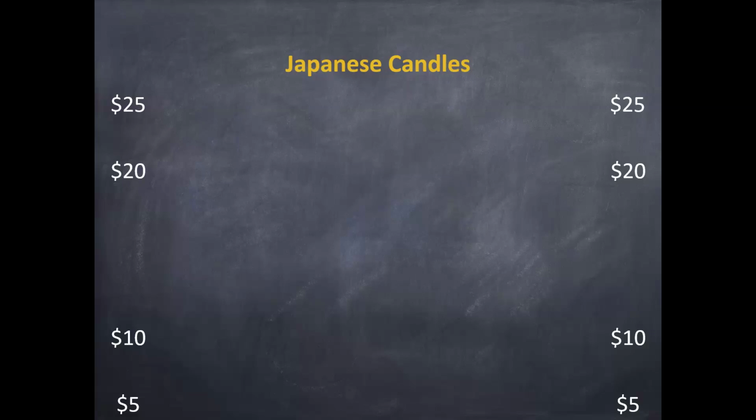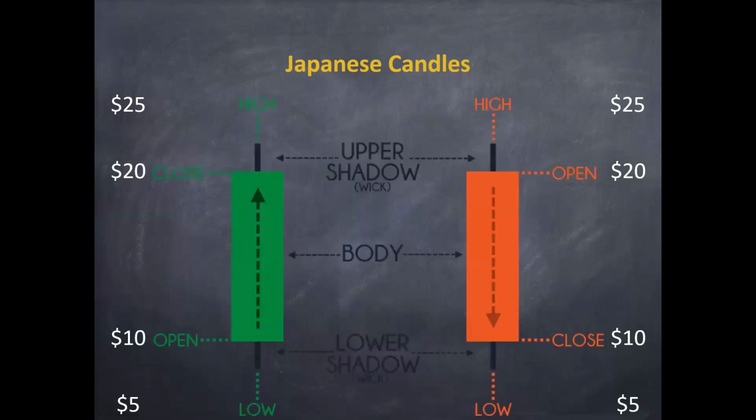I'm going to have you draw a rectangle on the left-hand side where the bottom of the rectangle is directly in line with the $10 and the top of the rectangle is directly in line with the 20. That's all we're going to do, and you'll do the exact same thing on the right-hand side as well. Just focus on the rectangles, ignore everything else, and draw two rectangles as you see on the illustration.